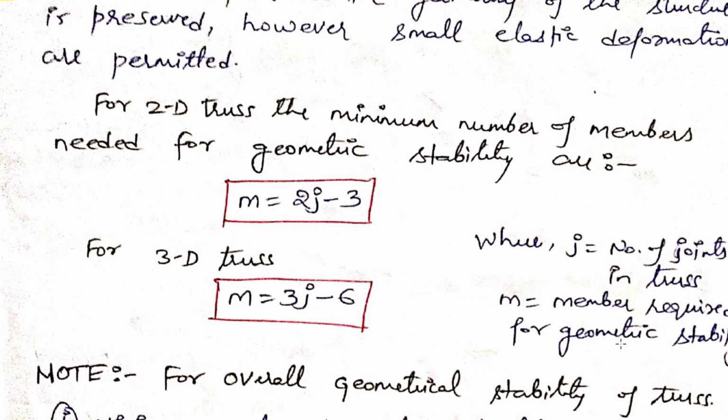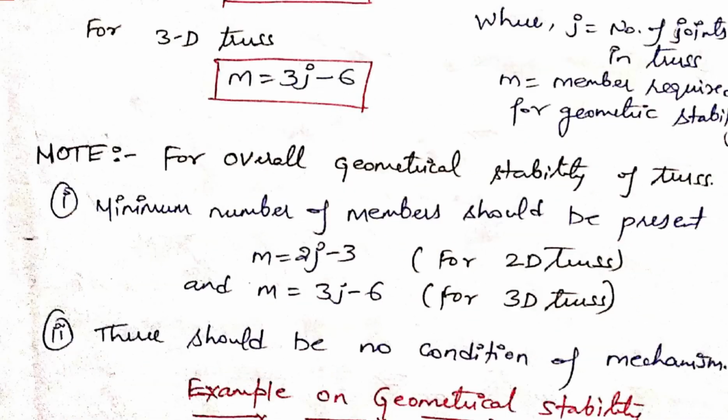So for the overall stability of a truss, the minimum number of members should be present: m = 2j - 3 for a 2D truss, and m = 3j - 6 for a 3D truss. And there should be no condition of mechanism. So these are some points for internal stability, and let's quickly solve some examples on geometric stability.